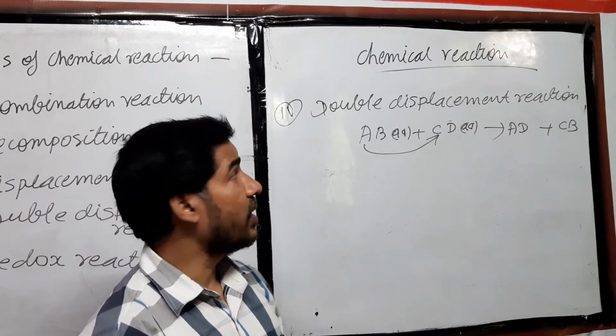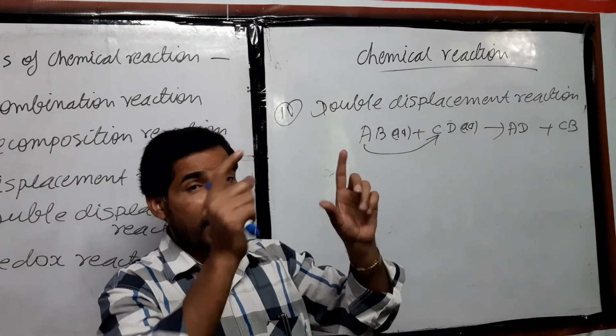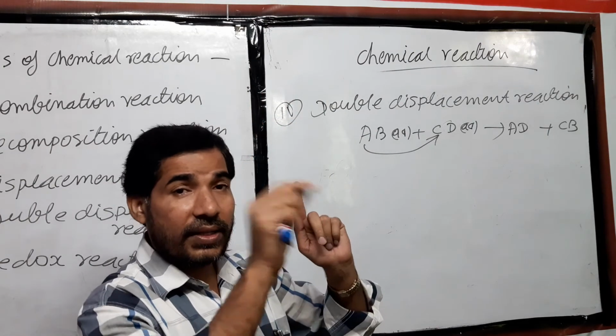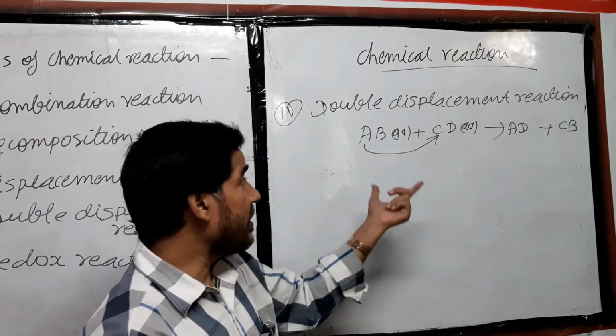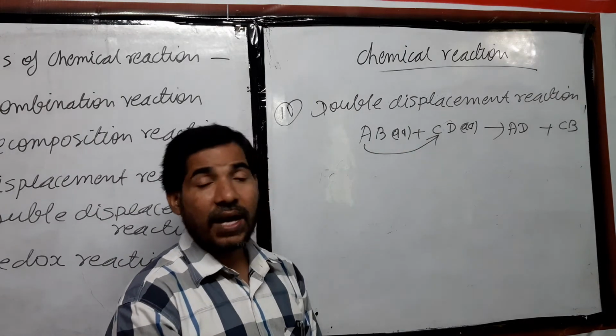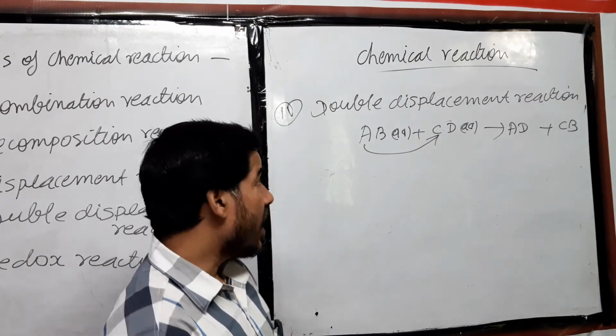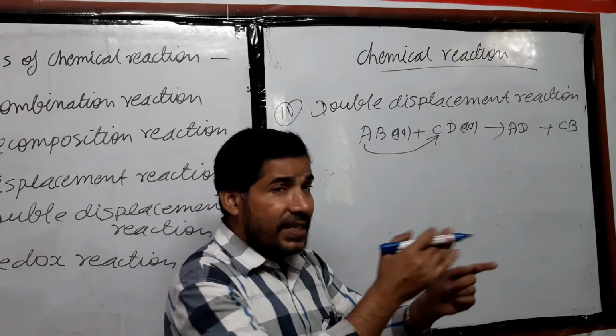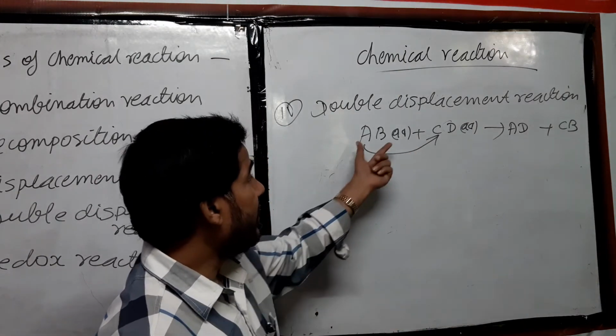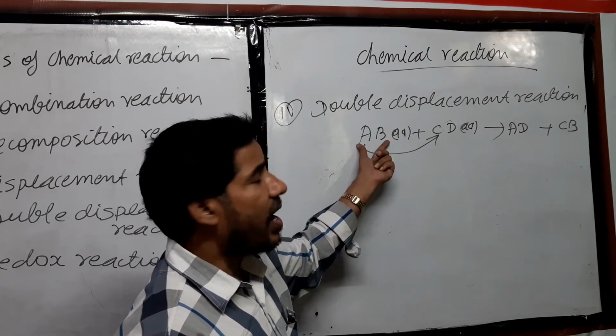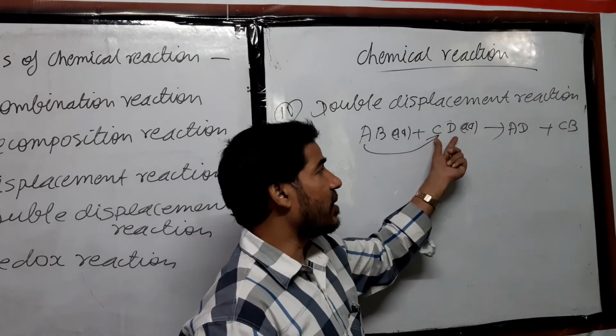Both are compounds here. In a displacement reaction, one reactant was a compound and the other reactant was an element. But here both the reactants are compounds, present in the form of aqueous solution, and both exchange their radicals. In this compound, A and B are present together and C and D are present together.